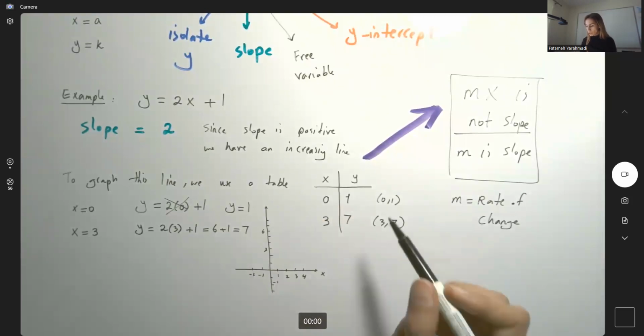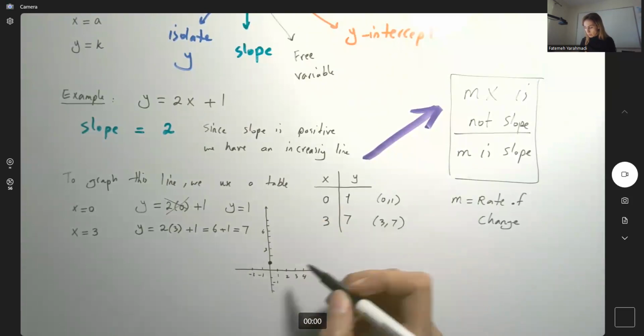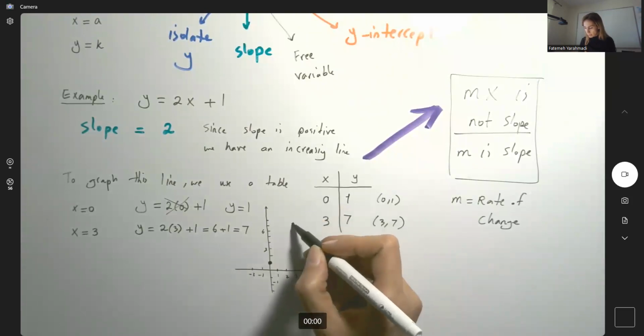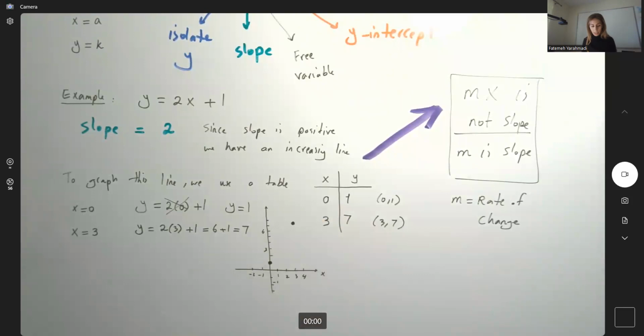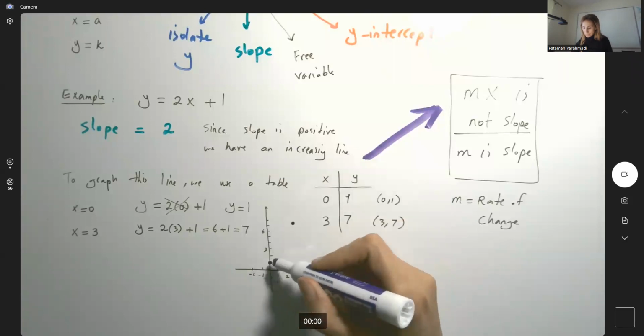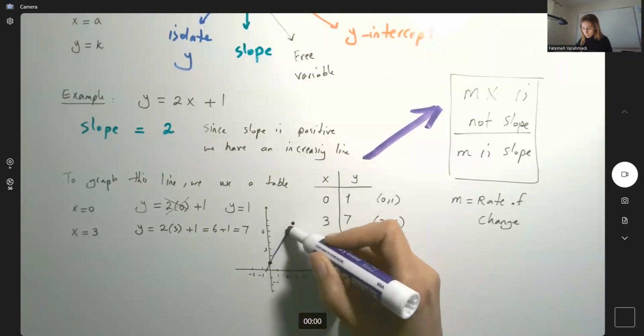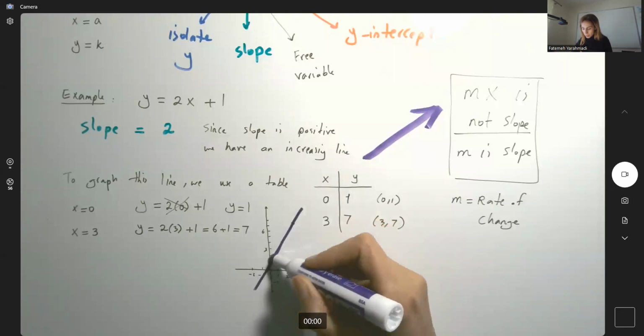So the very first point, 0 and 1. The second point, 3 and 7. Connect these together to have the graph of your line. So expect this guy is an increasing line. Goes up here.